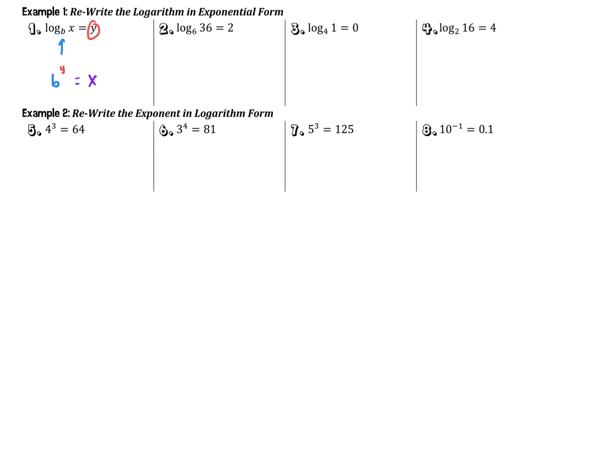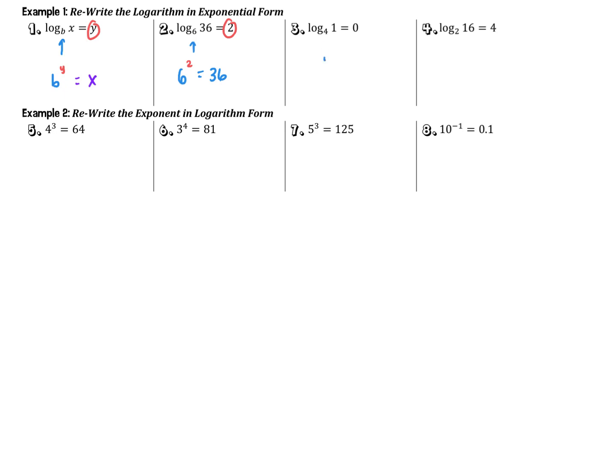So b to the power of y is equal to x. Similarly, here the base is 6. To what power? Well, the log is the exponent, so the exponent is 2, is equal to 36. Why don't you go ahead and pause the video and rewrite 3 and 4 on your own, and then unpause the video and see how you did.